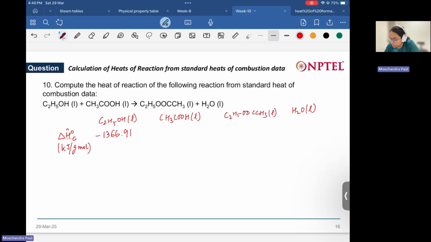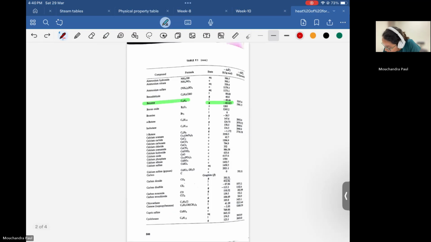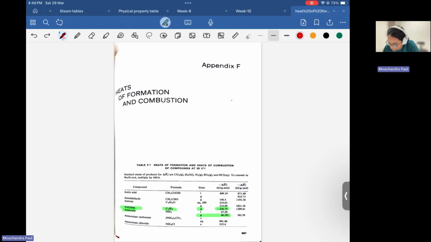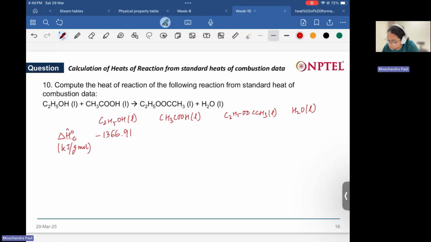Then for CH3COOH, it is basically acetic acid. It is given here in liquid state. It is basically minus 871.69.